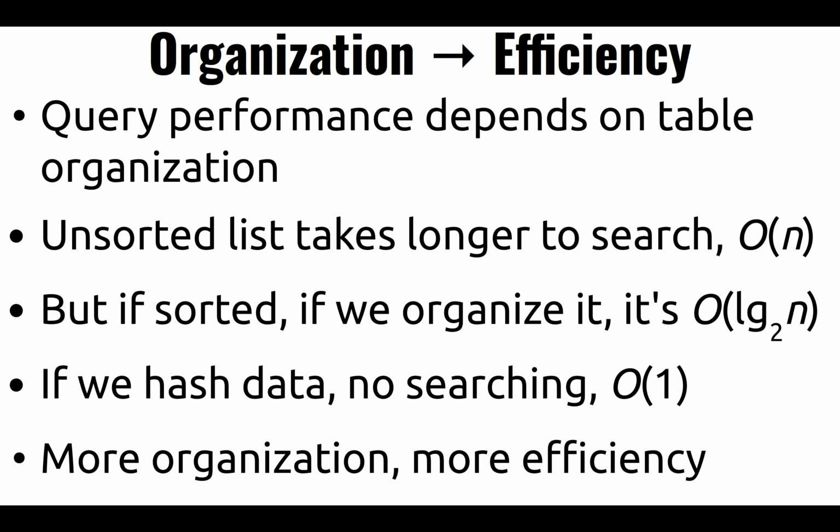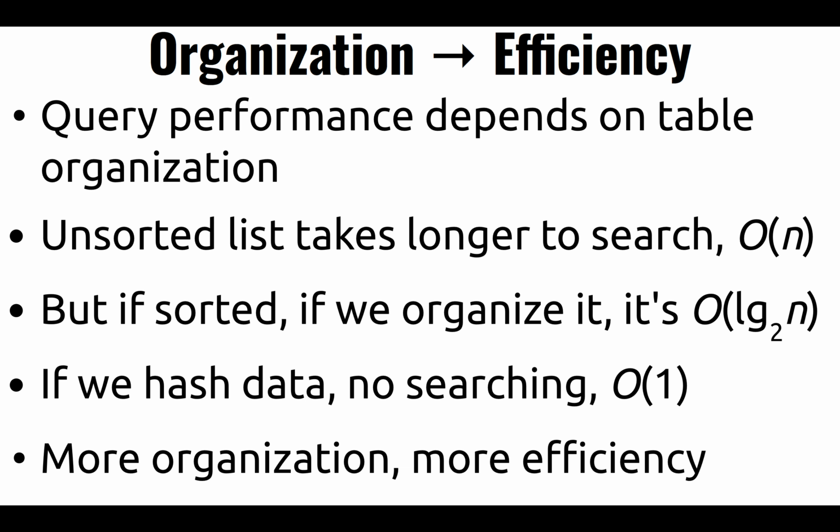But if you know that you can order your items using a particular field, then if you're going to search by that field, we can increase the performance quite a bit, bringing it down from linear to logarithmic. We can dampen that curve. But that only works if you're going to search by that one key.